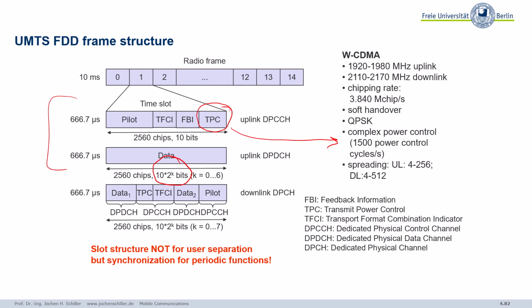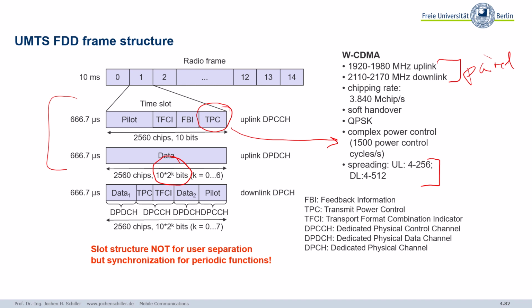So the classical wideband CDMA, as this is called, operates here for UMTS FDD in the paired band, with this fixed chipping rate. We can perform something, I will come back to this, that's called a soft handover. I will come back to the handover scenarios. We use QPSK for modulation in the classical standard, power control, and we have different spreading factors depending on whether you are on the uplink or on the downlink.